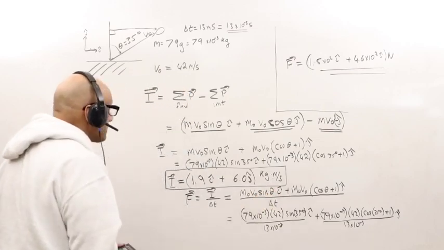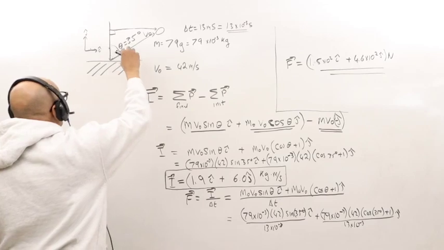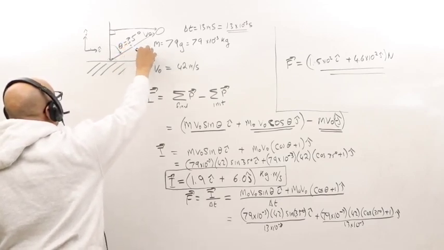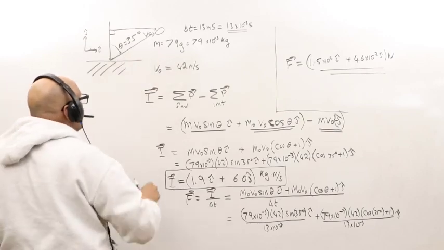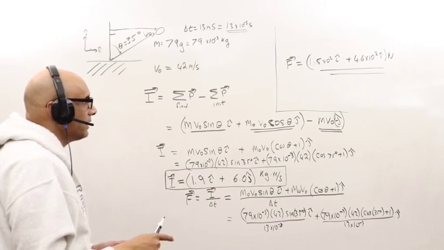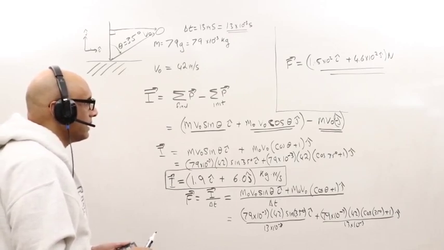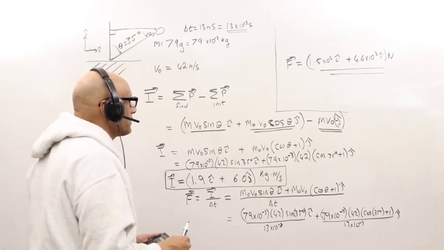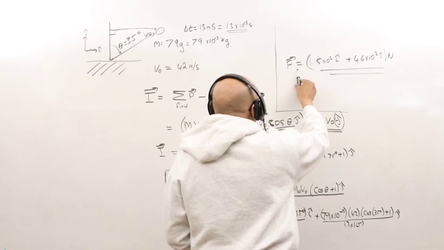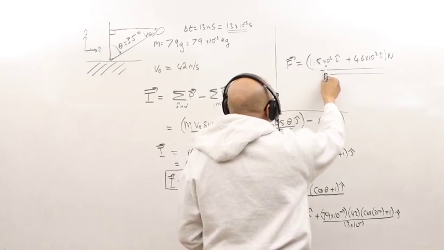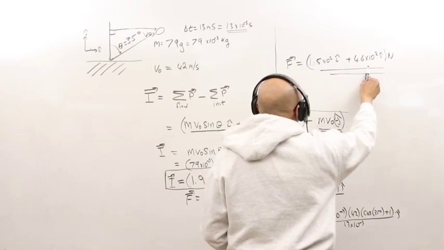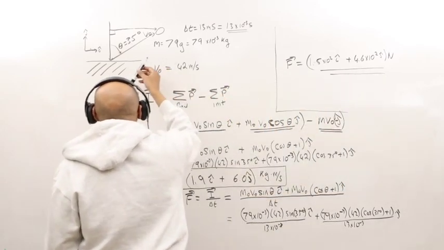So there's an impulse applied on the ball as the ground hits the ball and makes it bounce at an angle of 35 degrees. Remember, the ground hitting the ball and the ball hitting the ground are basically the same thing, an action-reaction pair of forces. Then the force that the ground applies to the ball is 1.5 times 10 squared i hat plus 4.6 times 10 squared j hat newtons. So the applied force is somewhere at an angle.